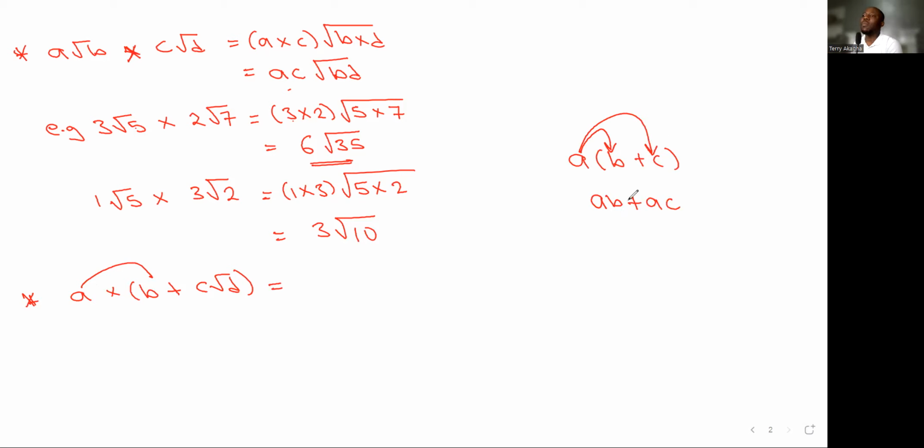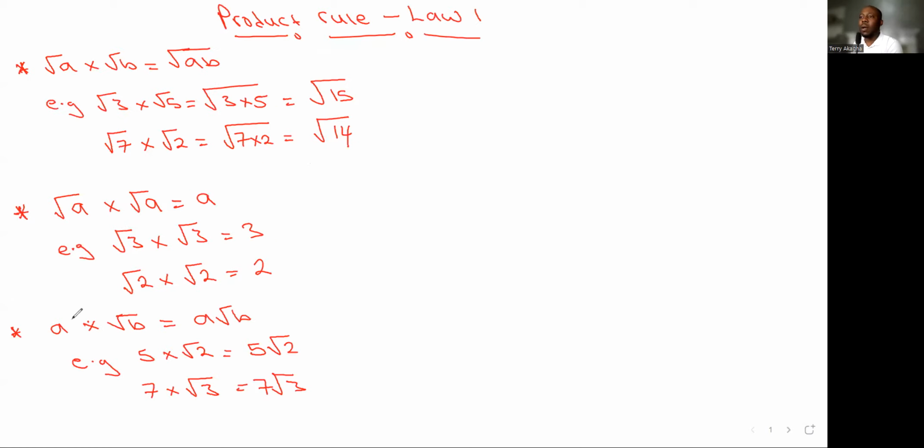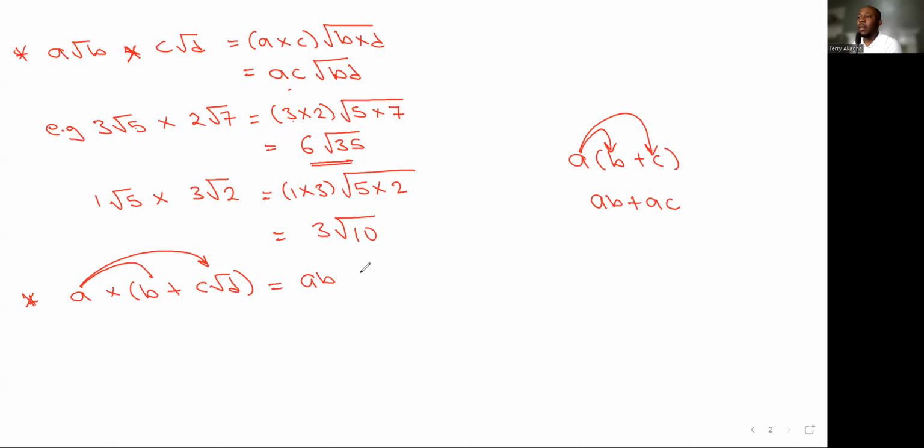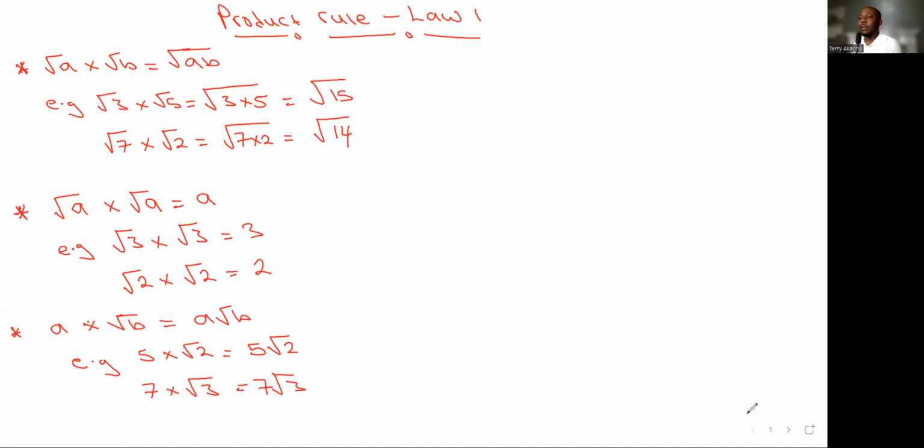Plus AC. The same thing: A times B will give you AB, and A times C root D, which is similar to what we've talked about, okay? Then it's going to be A C root D. Is that okay? It's going to give you AC root D.